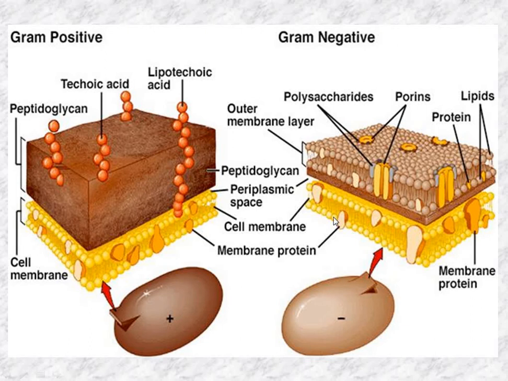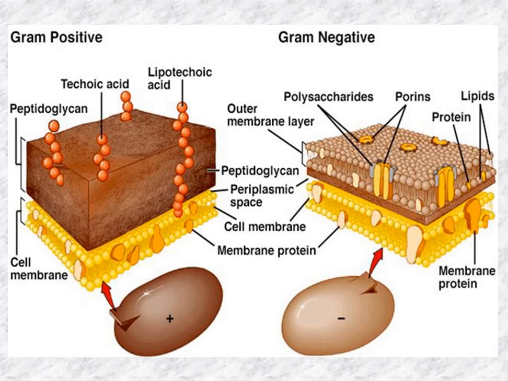But in the case of gram-negative bacteria, this yellow part is the cell membrane. Outside the cell membrane, there is a layer of peptidoglycan, which is very thin compared to gram-positive. And outside this thin layer of peptidoglycan, there is another layer made up of lipopolysaccharides or lipoproteins, and they also have porin, which is a protein used for the transport of certain molecules.